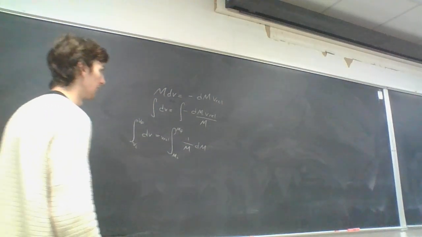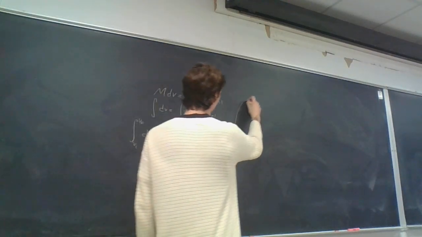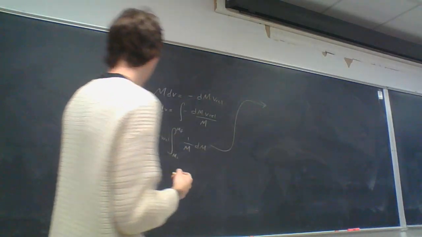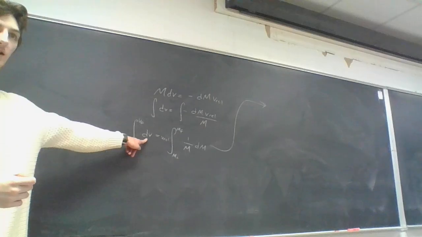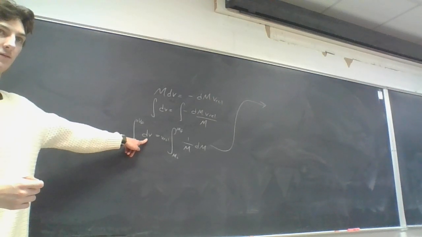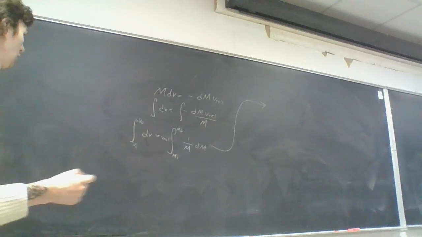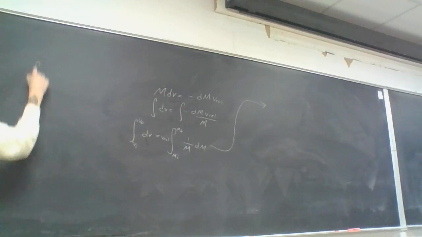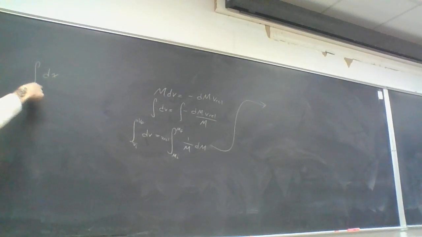So now let's just integrate both sides. So if we integrate dv, what are we going to get? Close. So what is this? Unbounded, don't worry about the bounds, just the integral of dx. Good.